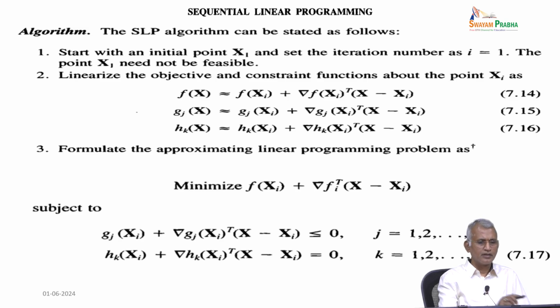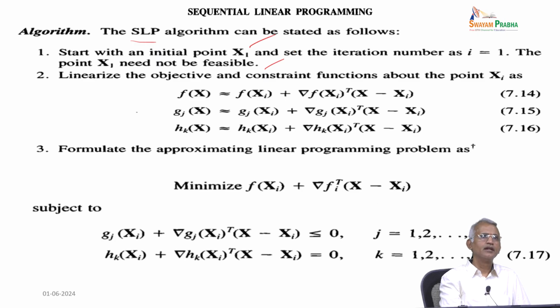SLP stands for sequential linear programming, that is the acronym. It can be stated as follows. Number 1, start with the initial point x1 and set the iteration number as i equal to 1; x1 need not be feasible.